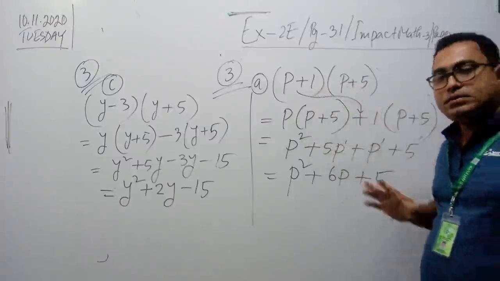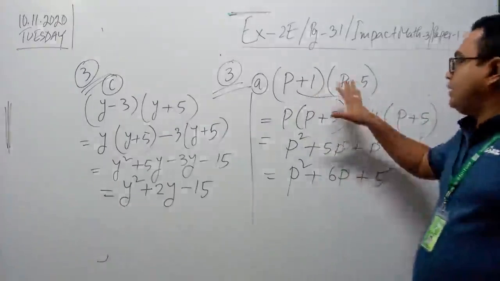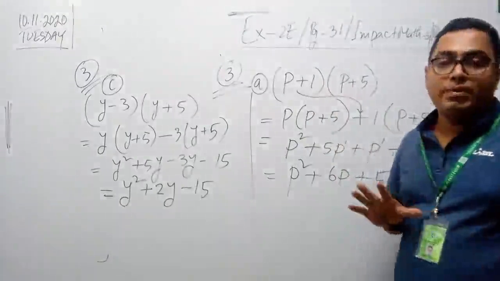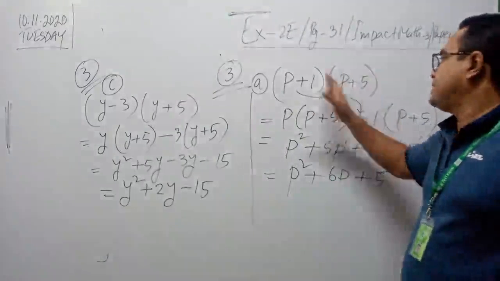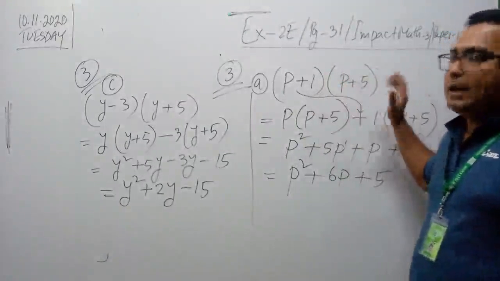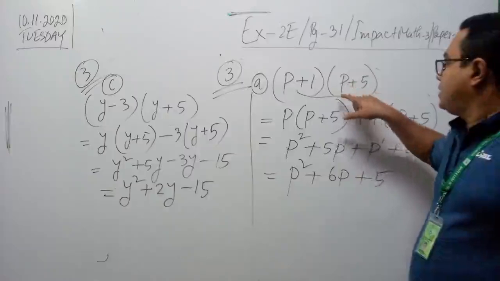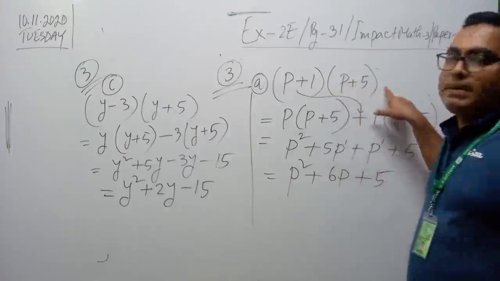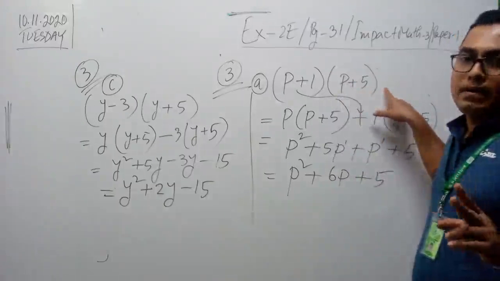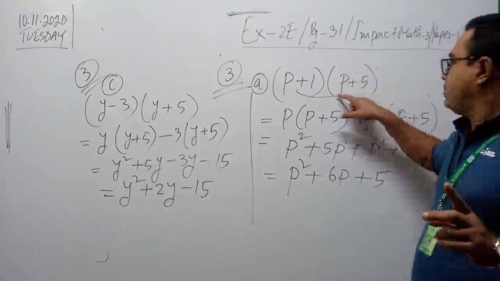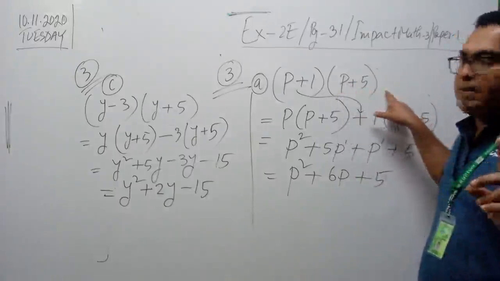I told you that here we are following the distributive law. That means multiplication. We are omitting the bracket. How do we do this? Suppose p plus 5 is a number. P plus 5 is some single number.